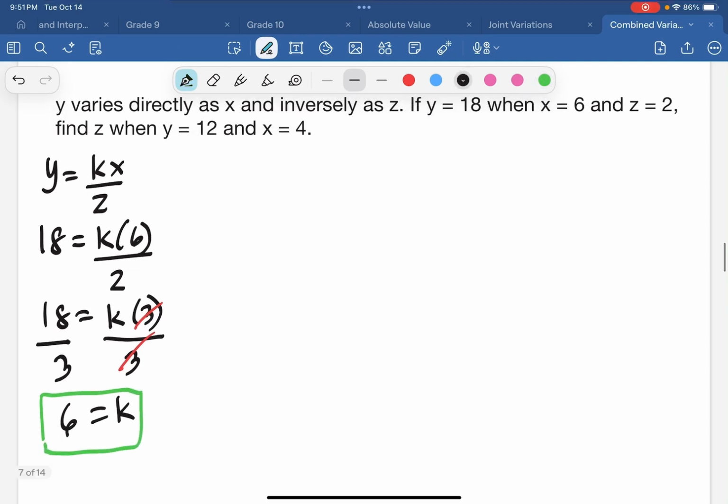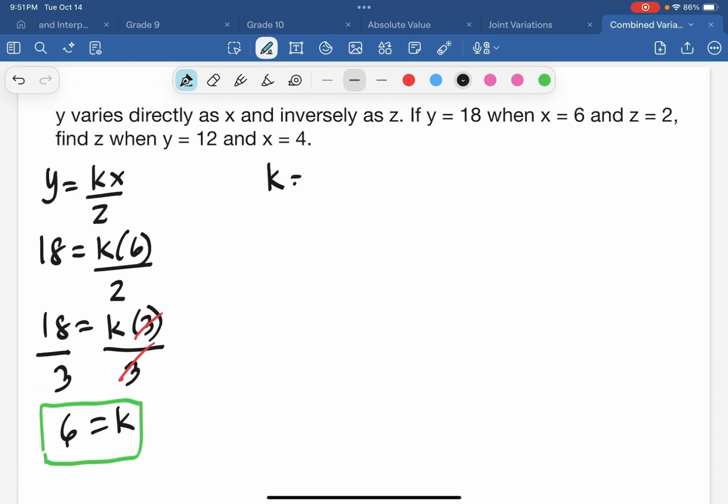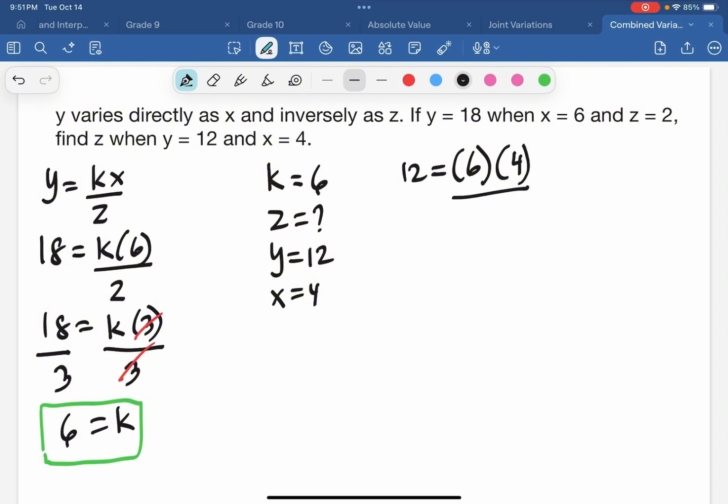Now, since we are given this, we can now proceed to finding z on the second part of our problem. K is 6. Z is missing. Y is 12. And x is 4. So based on the equation, we get 12 equals 6 times 4 over z.